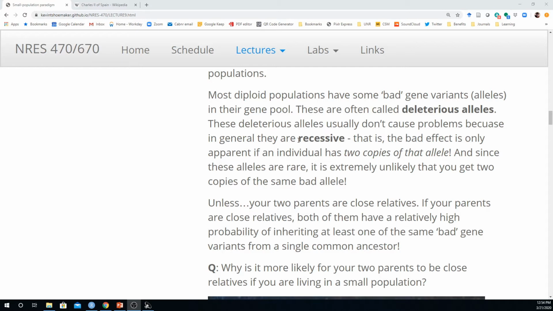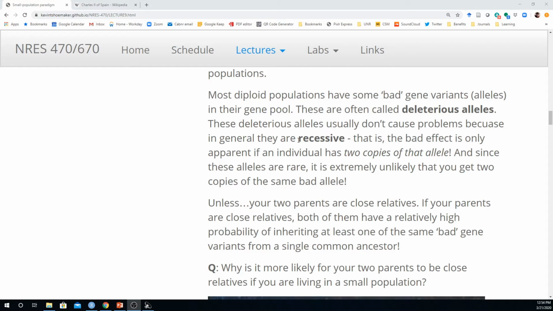And in diploid populations, and polyploid populations too, you can have some bad gene variants around. These are often called deleterious alleles or deleterious gene variants, and these deleterious alleles are floating around in all populations. We all have them basically.